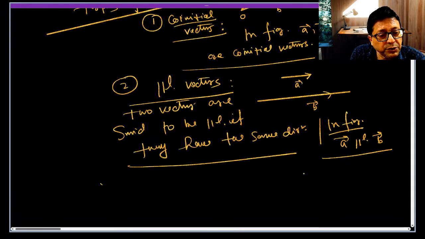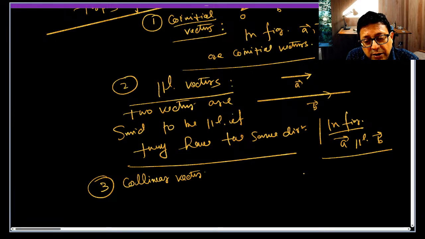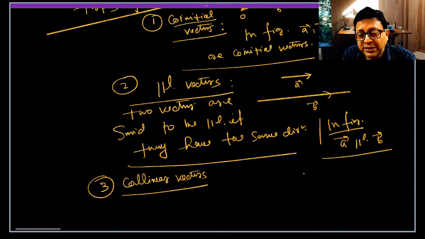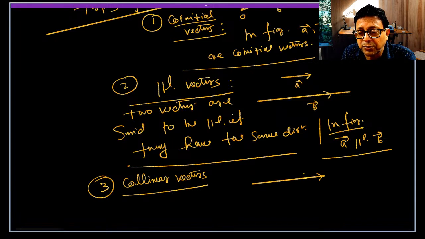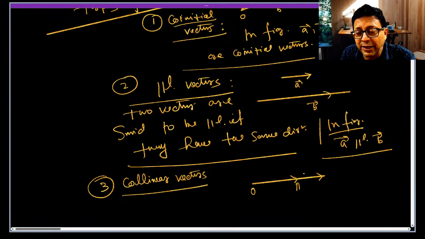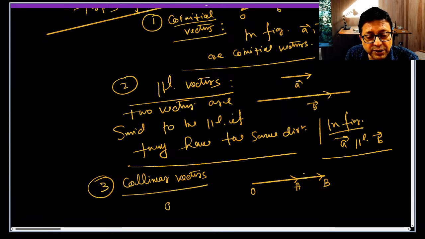There may be collinear vectors also. What are collinear vectors? If two vectors lie on the same line, then they are said to be collinear vectors. OA and OB, they are collinear.